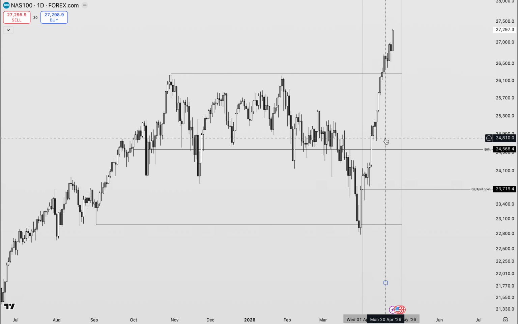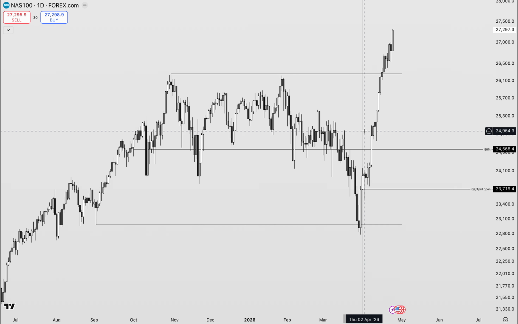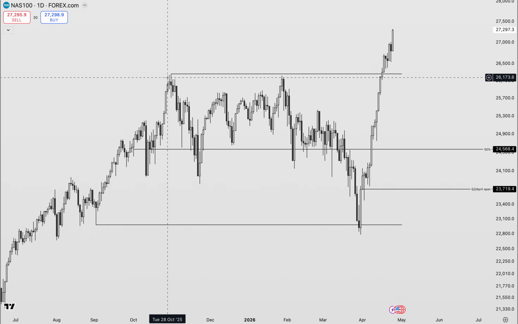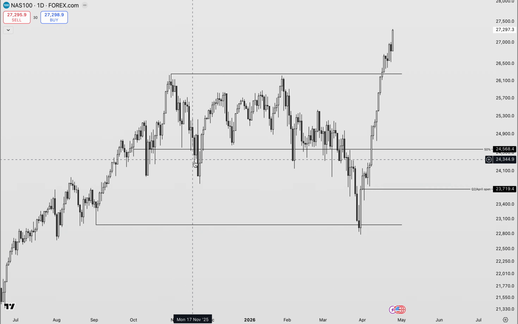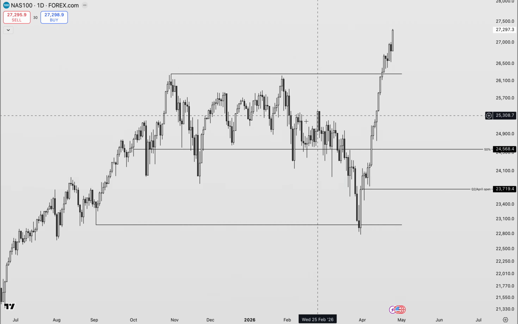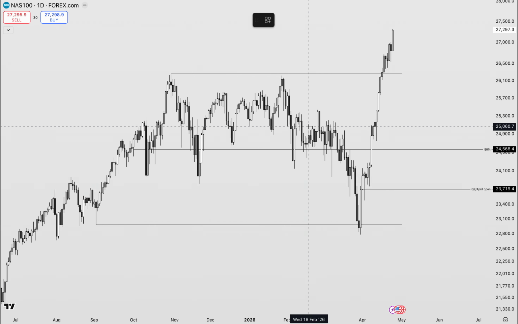Okay, let's get rid of this real quick. We have price hitting the 50%, bouncing off of it. Price hitting the 50%, bouncing off of it. Hitting the 50%, bouncing off of it.